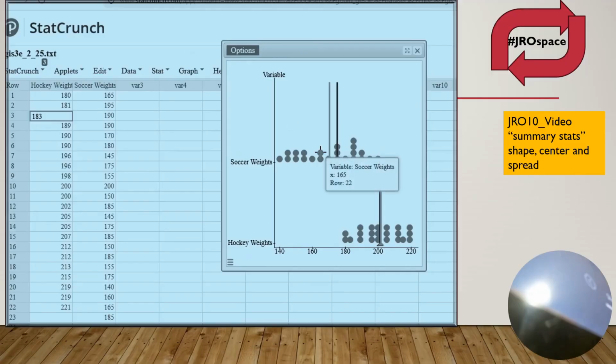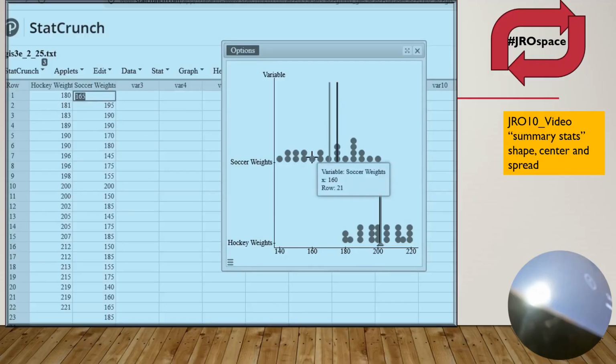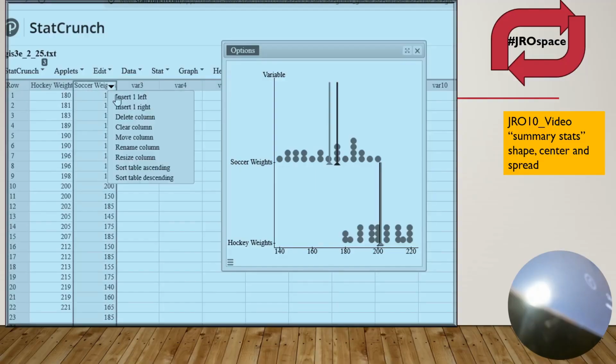Oh, that's interesting. So here's the dot. It's 165. Oh, that's the soccer. So if that's 140. Oh, we didn't sort the soccer rates.